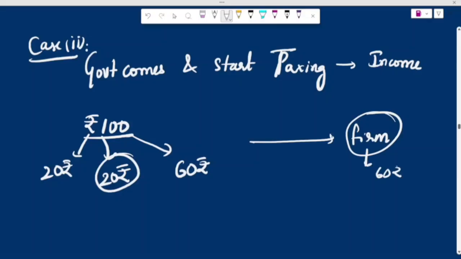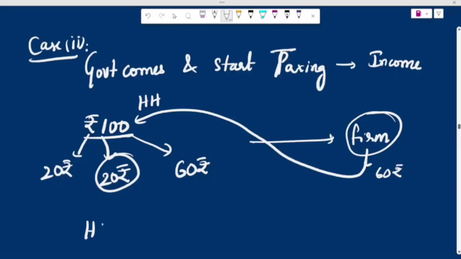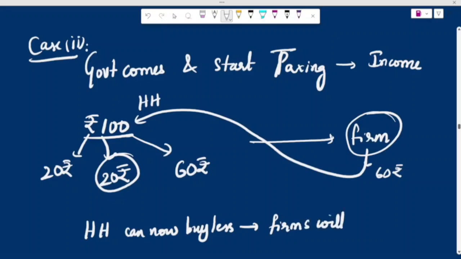The household can now buy only 60 rupees worth, which is less, so it will impact firms. Firms will earn less, and at the same time will pay less to households. They will say that we don't have any income, so how can we pay you?